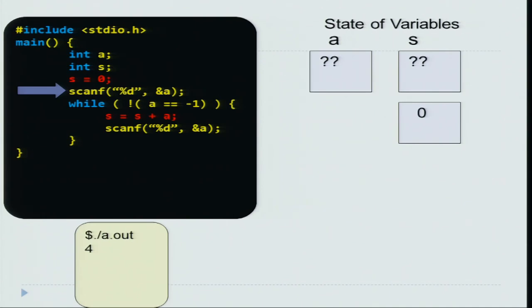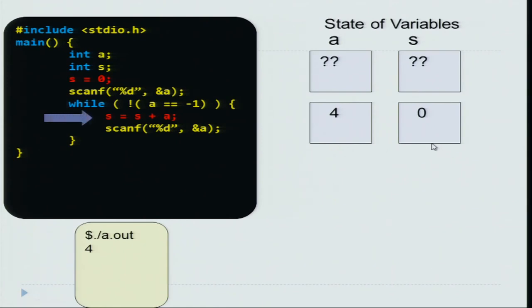So, after declaration, a is undefined and s is also undefined. After the statement s equal to 0, s is now 0, okay. And then you scan the variable a. So, a becomes 4 because 4 was the input, and sum is still 0.